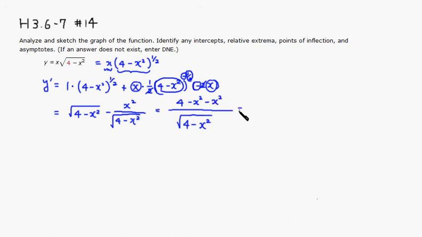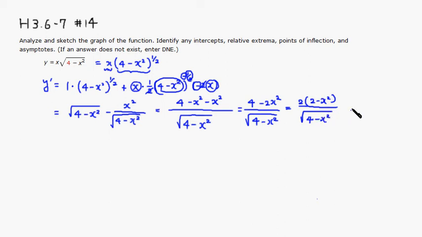So this is going to be 4 minus 2x squared over square root of 4 minus x squared. You can factor out 2. Then you have a 2 minus x squared over square root of 4 minus x squared.